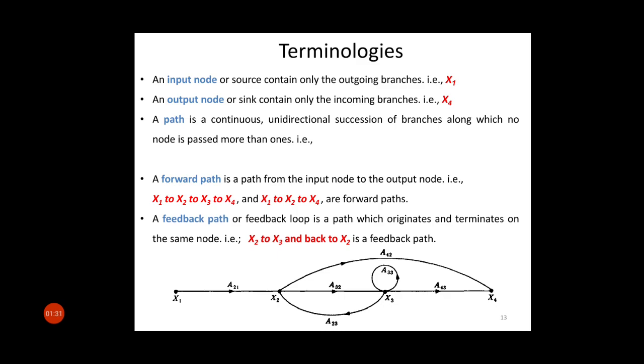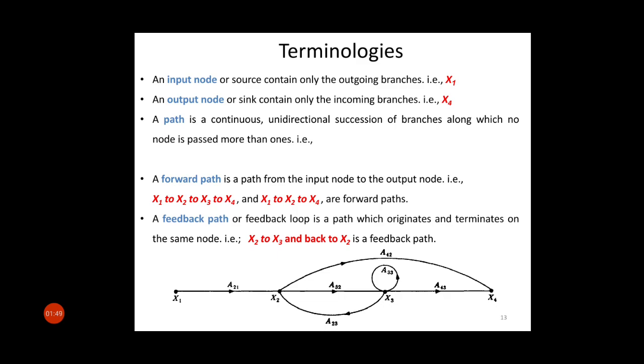Now we will find the path. So what is a path? A path is a continuous unidirectional succession of branches along which no node is passed more than once.